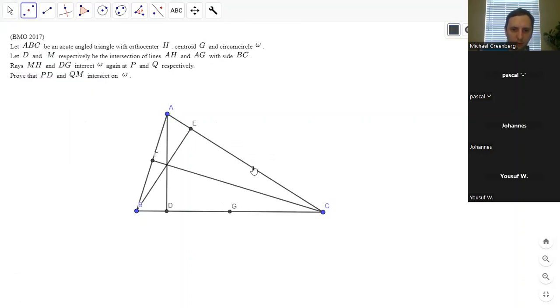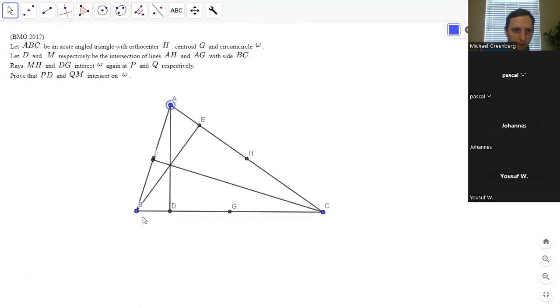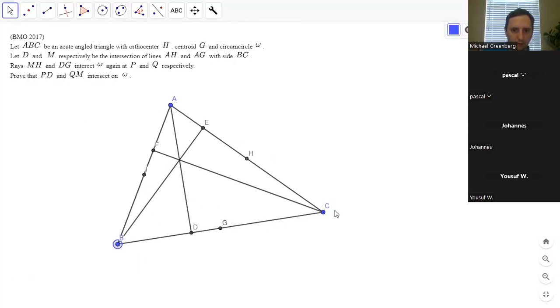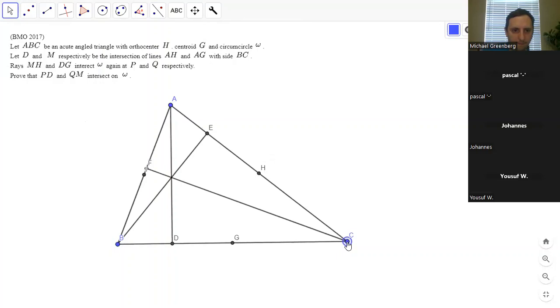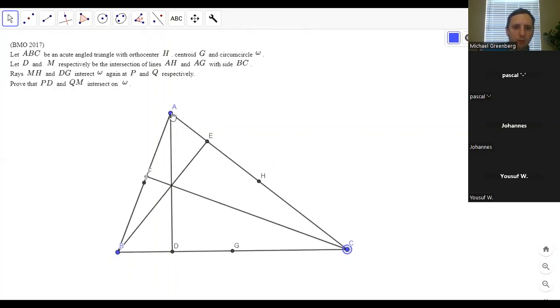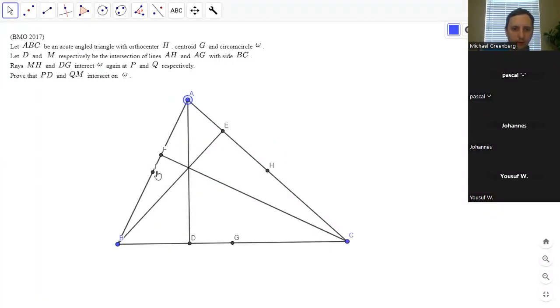Yeah, it looks like we have a lot of 9-point circle stuff here. Use some OP6. I might take a look at it later. We'll see.